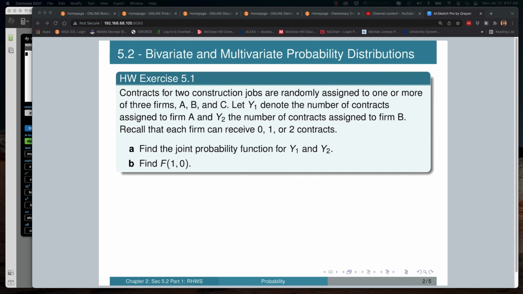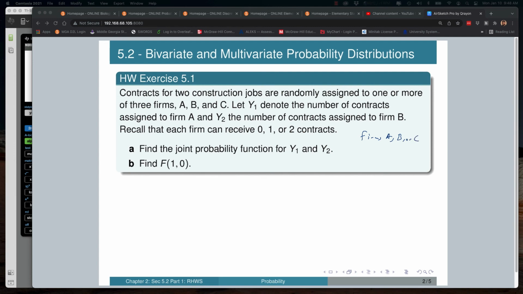This turns out to be very similar to the supermarket question. We know we can go to firms A, B, and C, and I'm going to say A, B, or C, because we can go to any of those three.